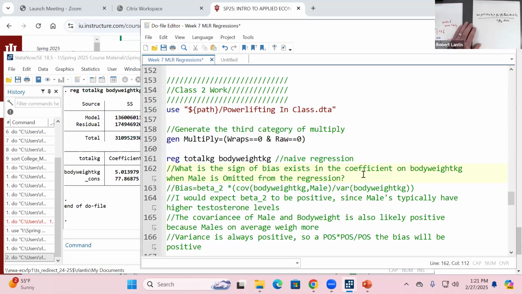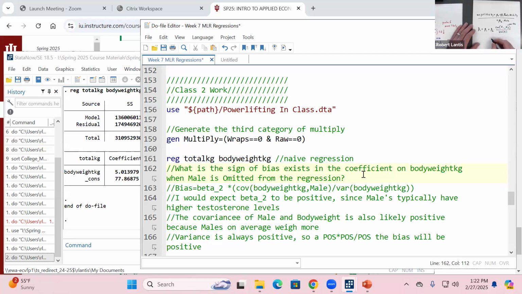I'll show you where it's at on the formula sheet in a second, but I have that formula on the formula sheet. If you have an important omitted variable bias, the coefficient estimate will be the true effect plus the effect of that omitted variable times the covariance of the variable you included in your regression and that omitted variable, divided by the variance of the variable you did include.